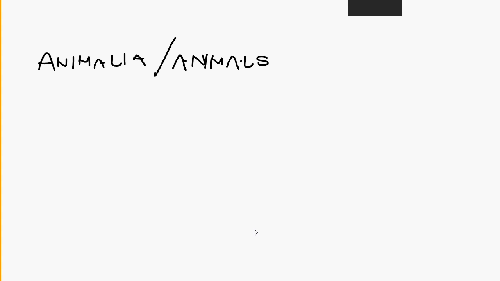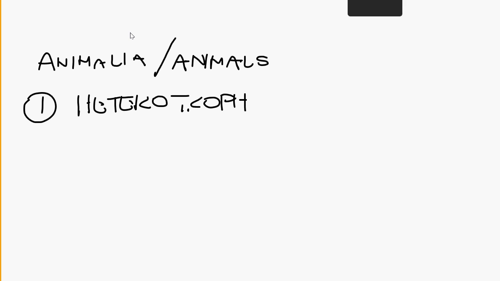We have animals, from the Animalia kingdom. So the first trait is they're heterotrophic. They are eukaryotic cells.